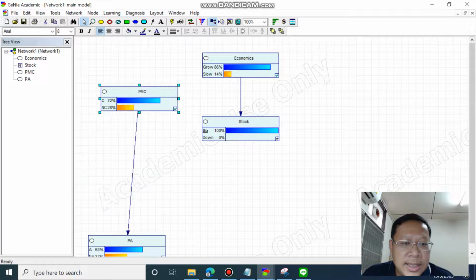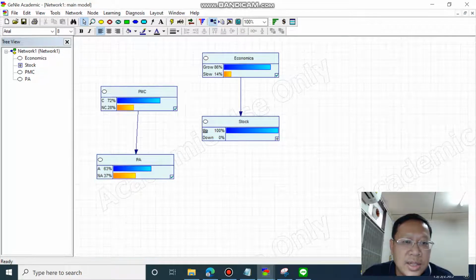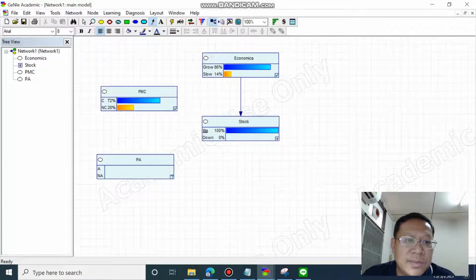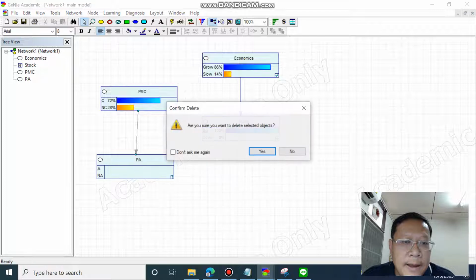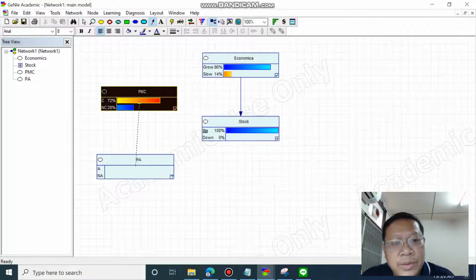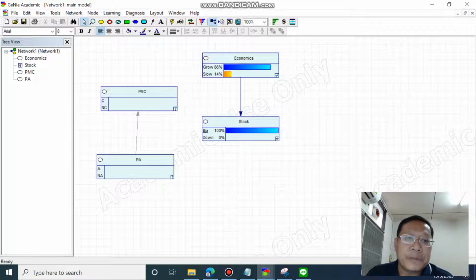If you want to create a direction, you can just choose: this is the parent node and this is the child node. Just one direction. You cannot assign both directions at the same time. If PA is the parent node and PMC is the child node, you just draw the arc in this direction.